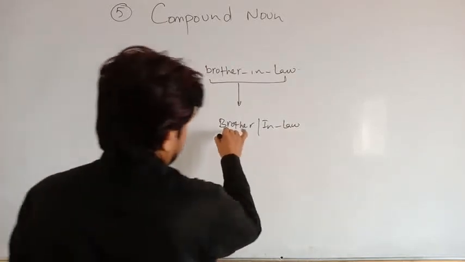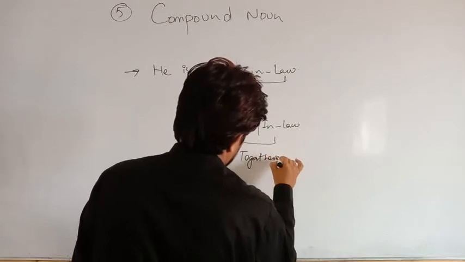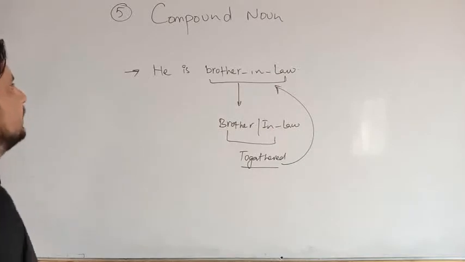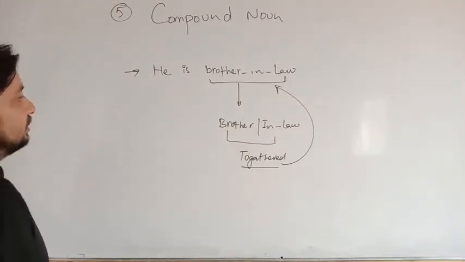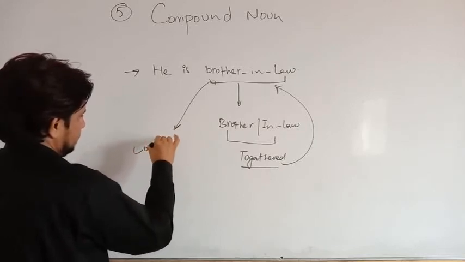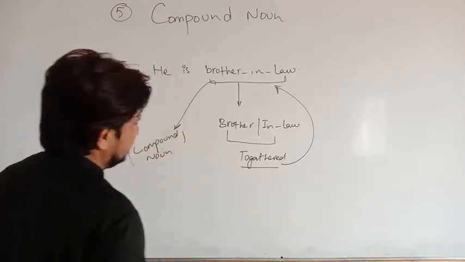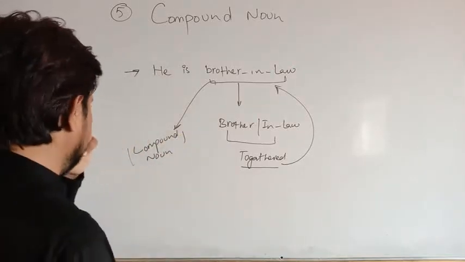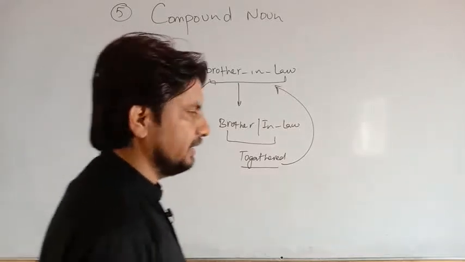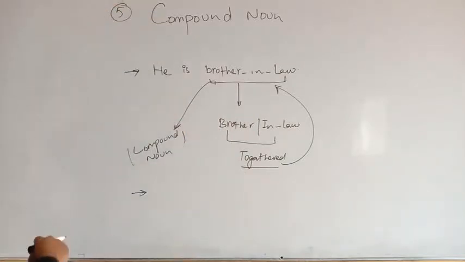These names are together, then become one name. He is brother-in-law. So here brother-in-law is taken as a compound noun. It will be included in the category of compound noun. So take another example which will be helpful to explain this topic effectively.